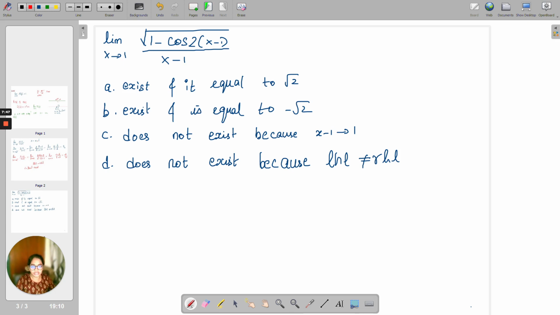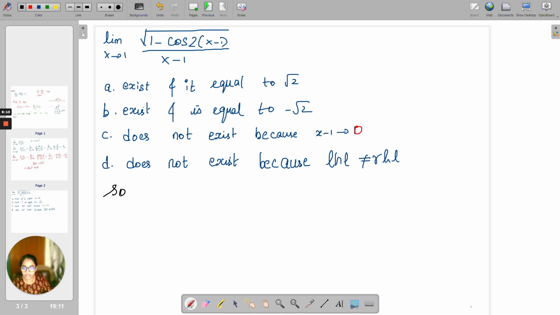So when they ask these types of questions, you would have to check if LHL is equal to RHL, right? So option C says the limit does not exist because x minus 1 tends to 0. And option D, they are saying that LHL might not be equal to RHL. So let's check what's happening here.